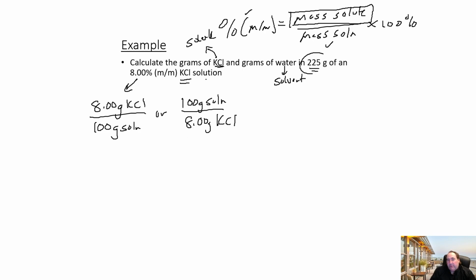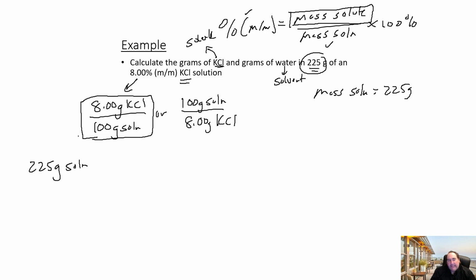And I do have 225 grams of the solution. So I'm going to want to get rid of my solution, and we're going to use it like this. Again, here we'll have our 8 grams of KCl and 100 grams of solution.